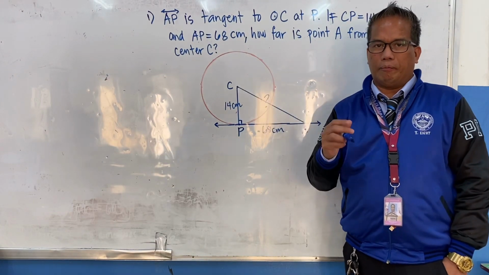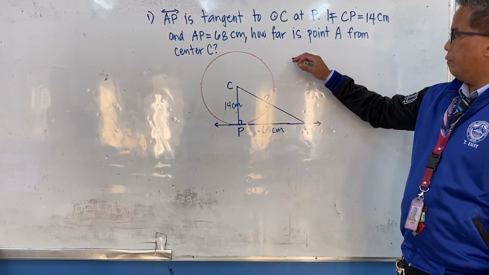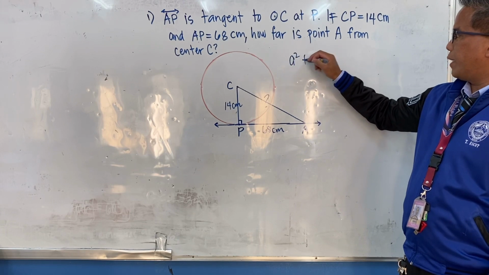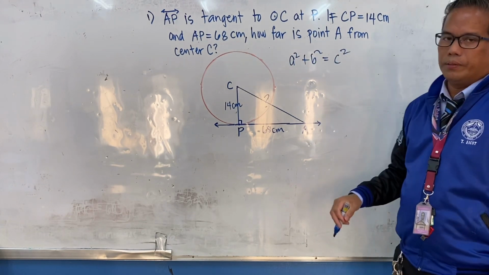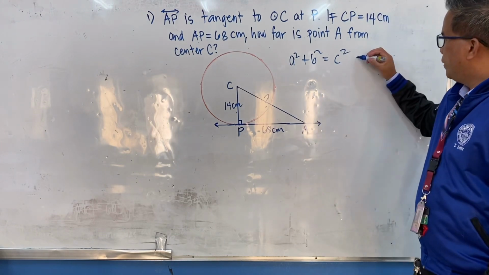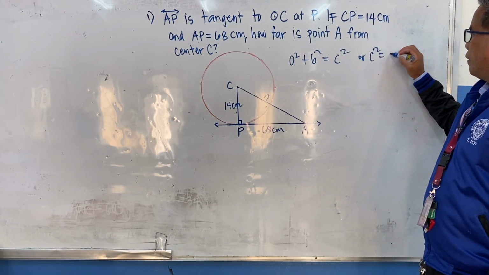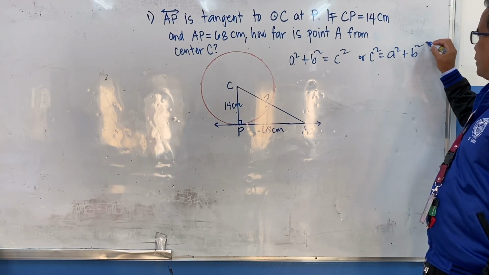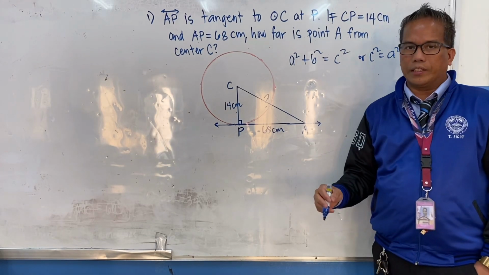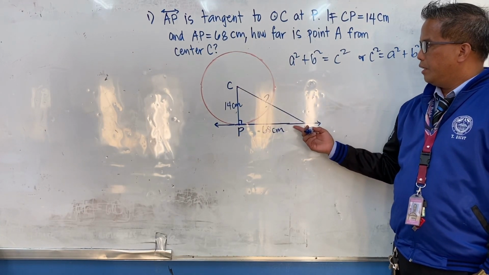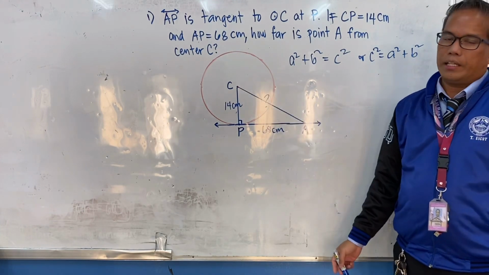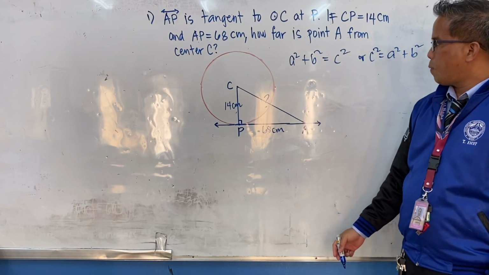Using the formula of Pythagorean, we have a squared plus b squared equals c squared, or c squared equals a squared plus b squared. In this case, c squared represents the segment AC or CA.